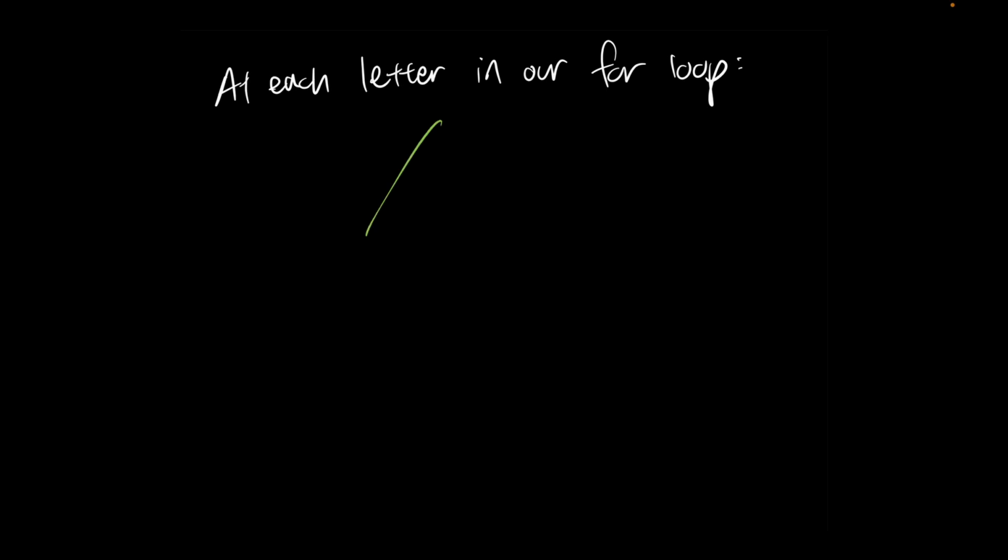That question at each letter in our for loop must boil down to this kind of partition of the search space. So it's going to be something like, at this current point in our schedule, let's ask, do empty slots remain? Or are there no empty slots?